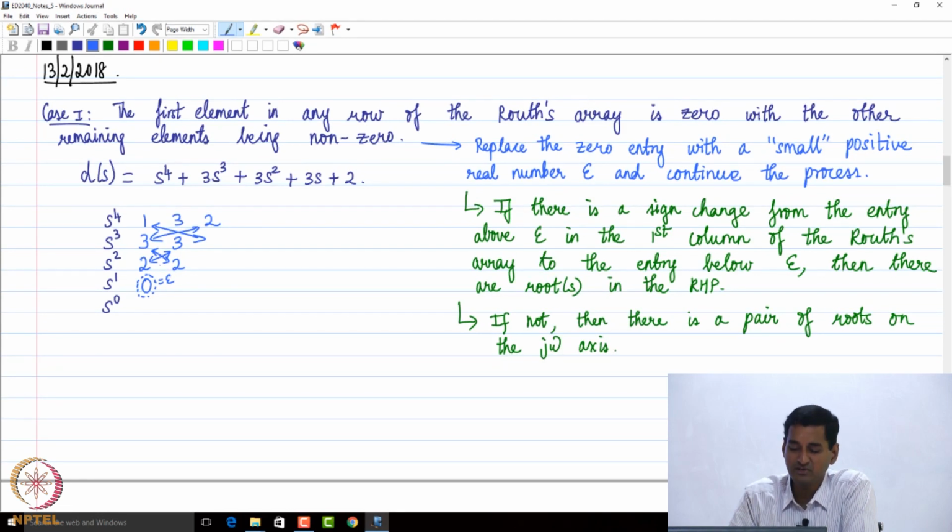So, we get 2 epsilon minus 2 times the null entry, which is 2 epsilon divided by epsilon. So what do we get? 2, right. If you look at the entry above epsilon, that is this, and the entry below epsilon, which is this, is there a sign change from the entry above epsilon to the one below epsilon?